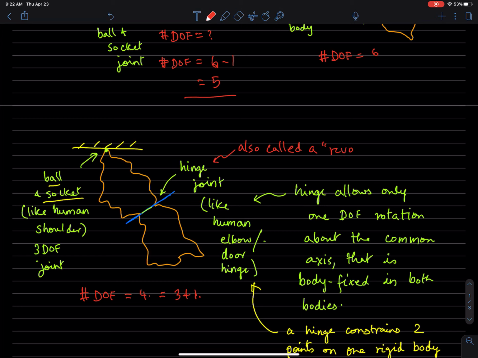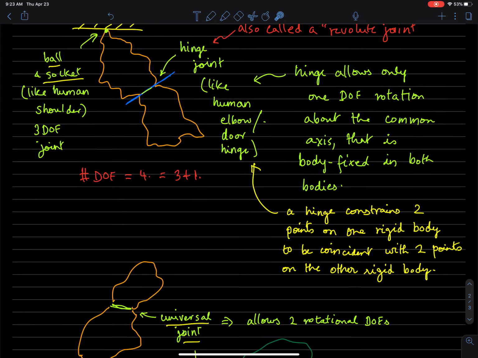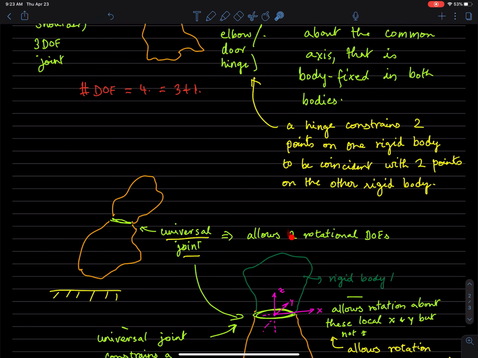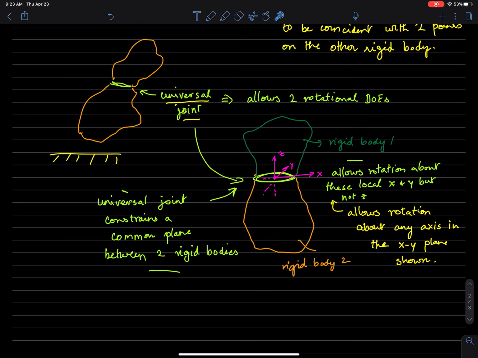In robotics, a hinge joint is often called a revolute joint. A universal joint allows 2 rotational degrees of freedom. This picture sort of shows it.